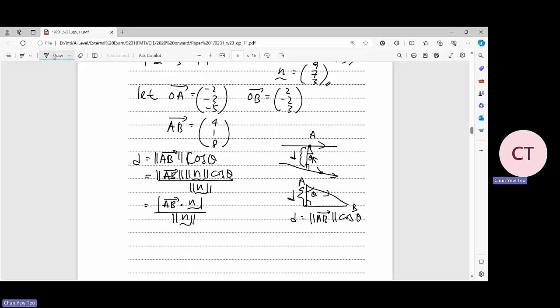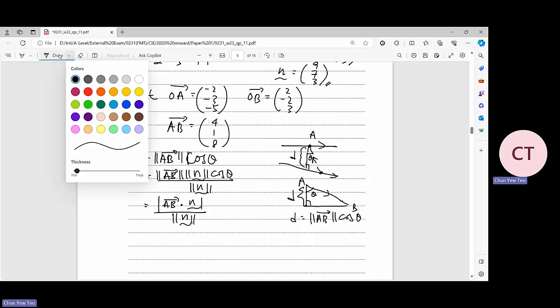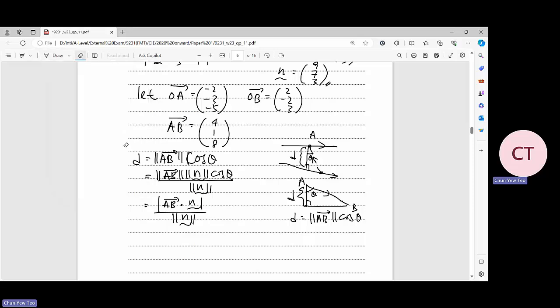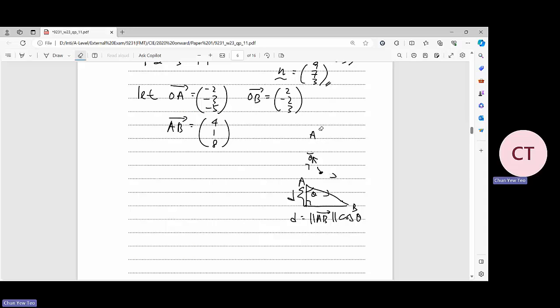But in the exam, we are allowed to memorize this result directly, so there's no need for you to show it. Let's not waste our time on proving this. In the exam, just directly apply the result or the formula.